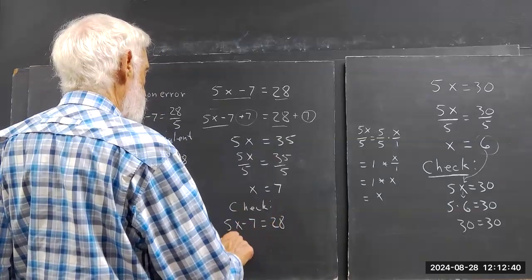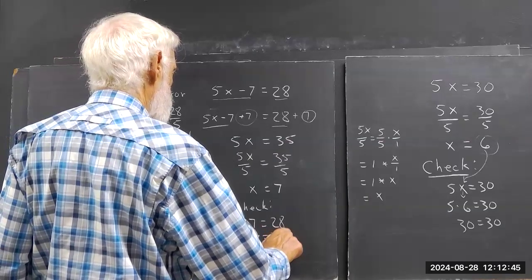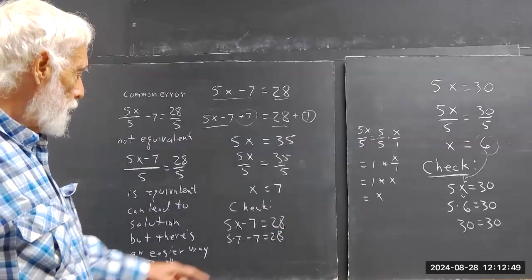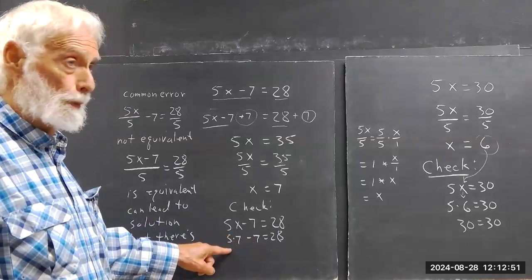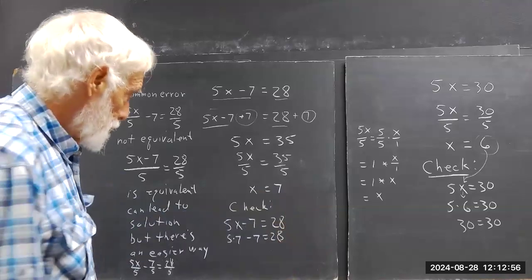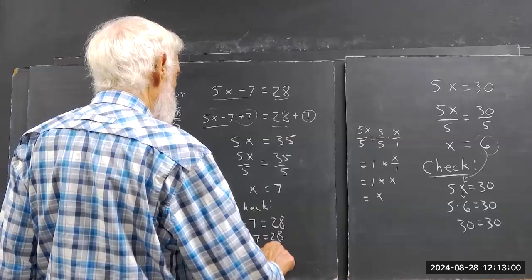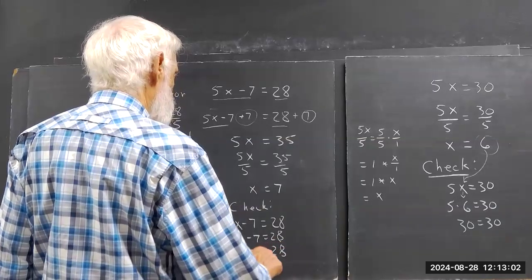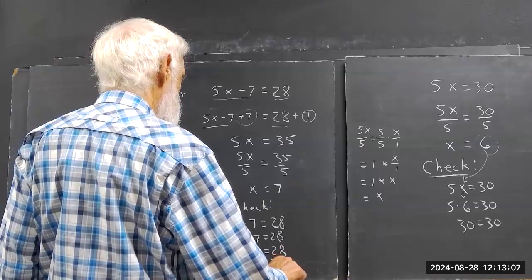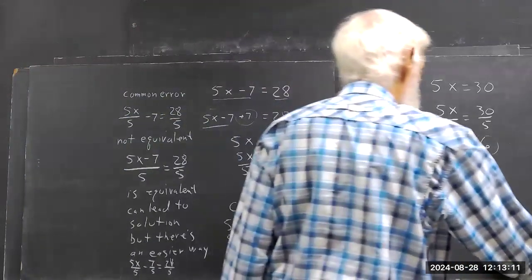We substitute for x. If we don't mess up our order of operations, do 7 minus 7 before we do the multiplication, which would give us 0 equals 28, and that's not true. We get 35 minus 7 equals 28. 35 minus 7 is 28. And it checks.